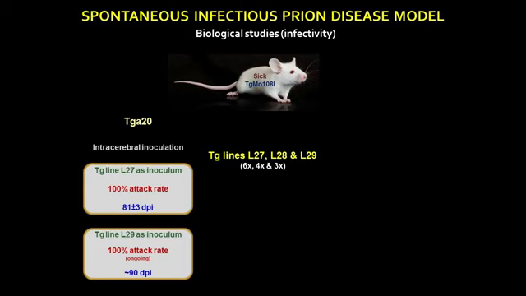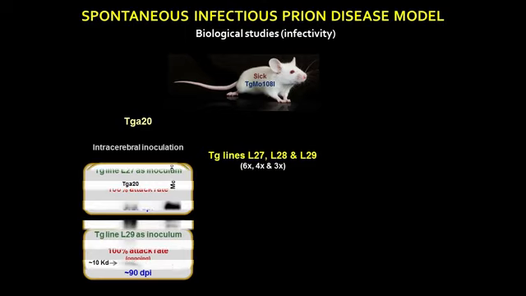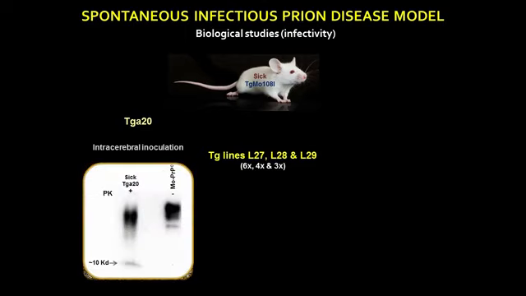We used Tg20, a very well-known model, in two different experiments, using as inoculum brains from two different lines of sick animals. In both cases we observe a very clear prion disease in a very short period of time, showing the same atypical band I talked about before.